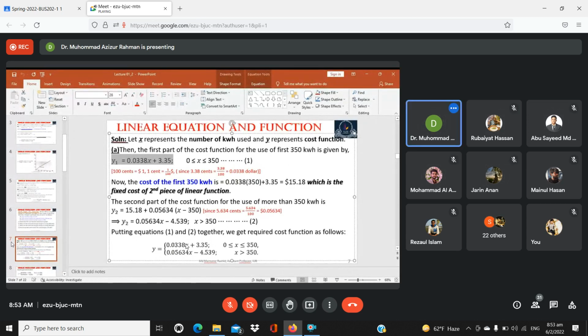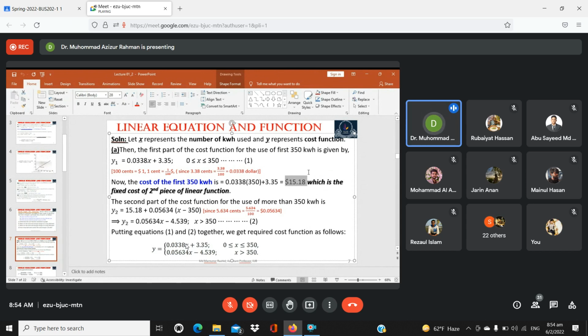So if we use 350 kilowatt hours, what will be our charge? We put the value X equals 350, and then you will get $15.18 if you use 350 kilowatt hours.